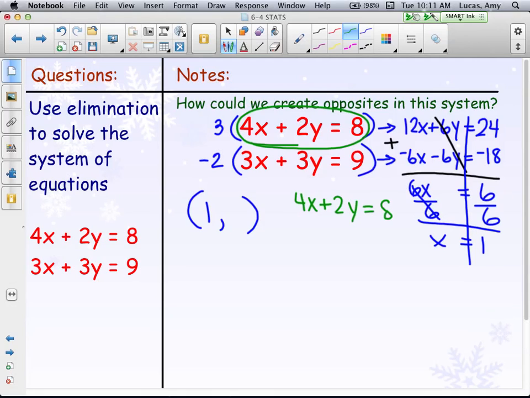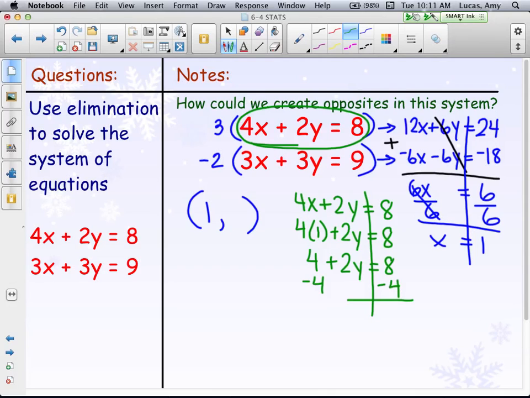So, using the top original, put in the 1 for x. 4 times 1 is 4, plus 2y equals 8, so it's a 2-step equation. Subtract 4, 2y equals 4, and then divide by 2, so y equals 2. So my ordered pair solution is 1, 2.